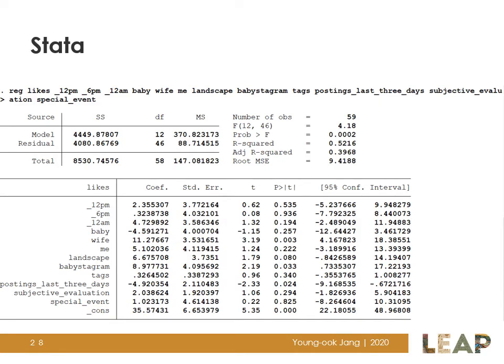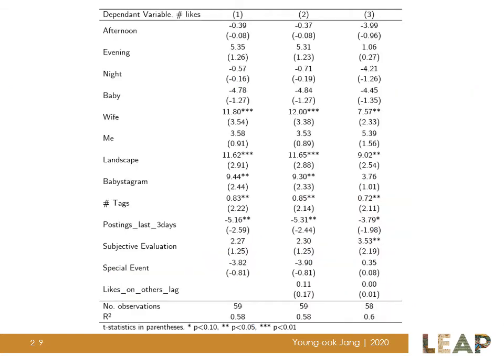In order to do the regression analysis, we usually use several different software packages. I use Stata, and people in our department sometimes use R, and EViews and other software packages can be used. I did regression with all the different variables here, with the number of likes as the dependent variable, and I show the results here.